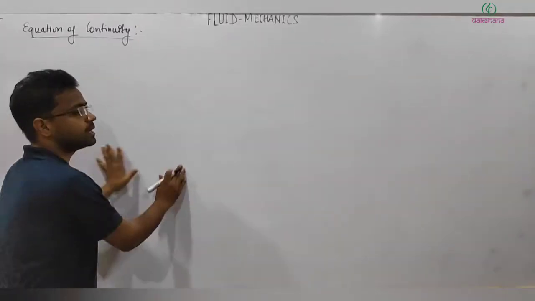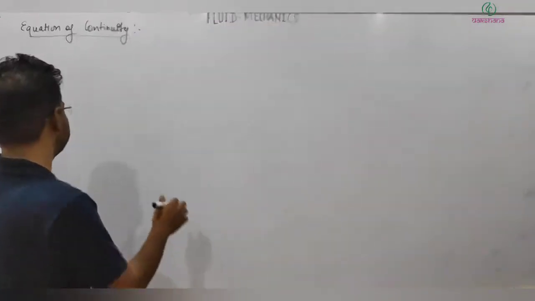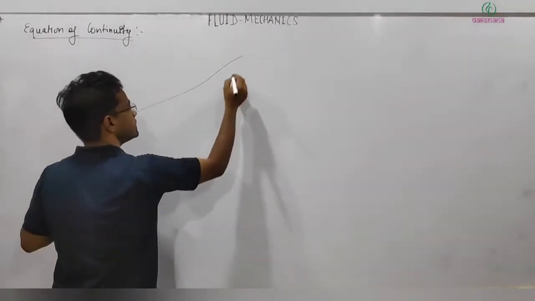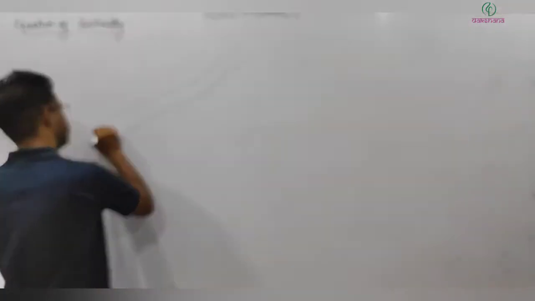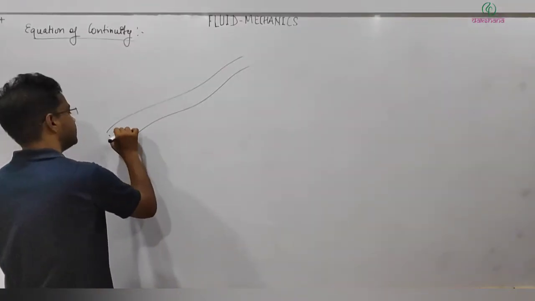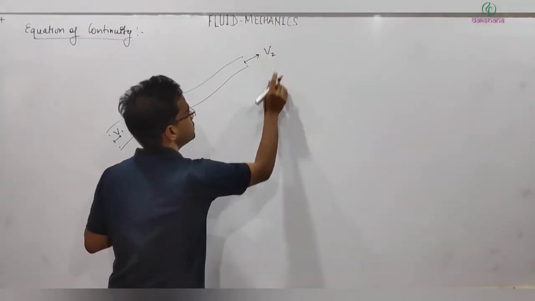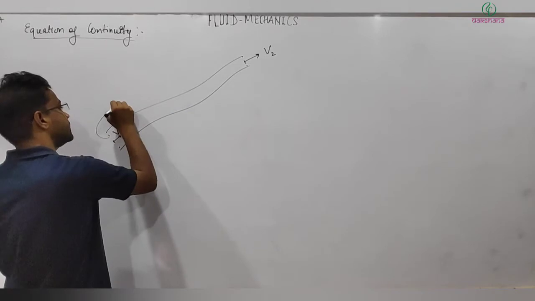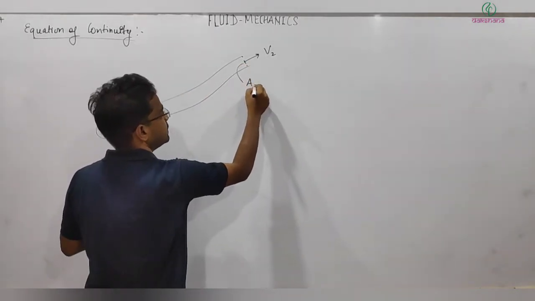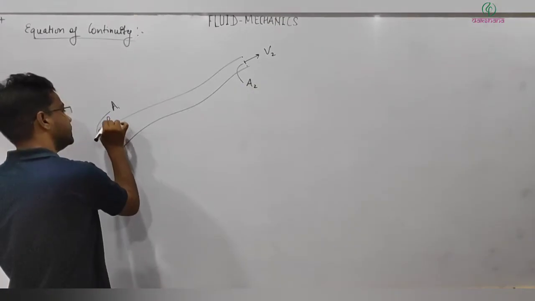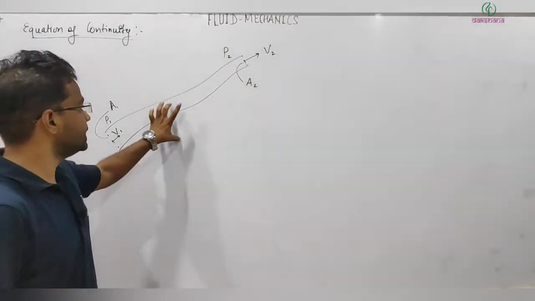So it gives us the relation between velocity and area of cross section. Let's consider a pipe of variable cross section, and fluid is entering here with some velocity v1 and exiting here with velocity v2. Area of cross section is a1 here and a2 at this point, and the density is rho1 here and rho2 there.